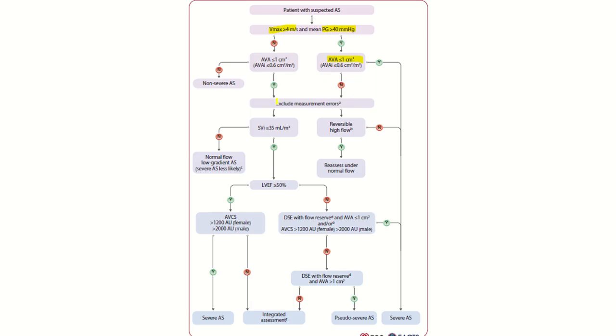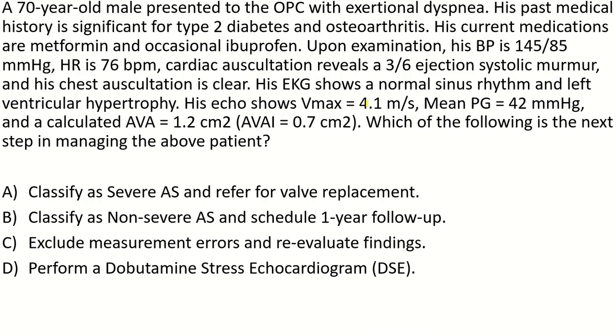The next step is to exclude measurement error, and one of the causes of measurement error in this case may be hyperdynamic circulation, increasing the gradient across the valve, namely anemia, thyrotoxicosis, and any other cause. So whenever you have discordant data, you have to exclude measurement error. Whenever you have high gradients across the valve with normal aortic valve area, you have to exclude measurement error. Back to our question, which of the following is the next step? We have to exclude the measurement error and re-evaluate the findings.